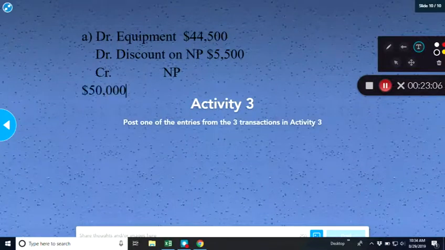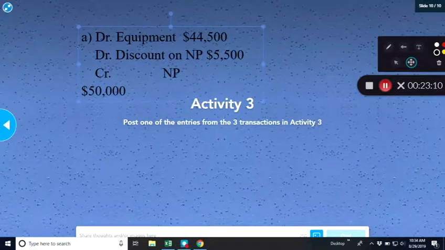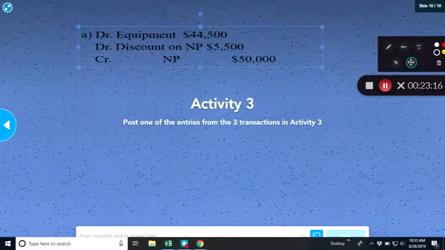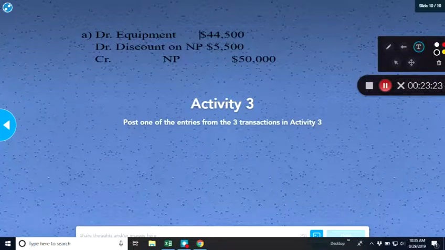Now let me fix that and line the debits and credits up a little better, just to make it look like a journal entry. There we go, that looks better. All right, so that is A.